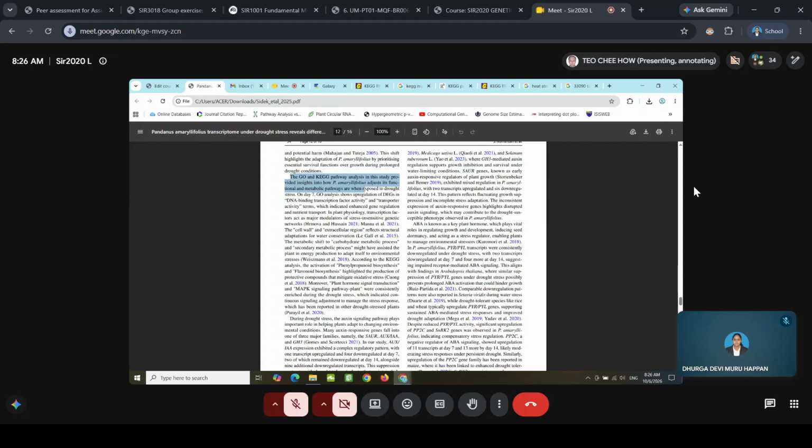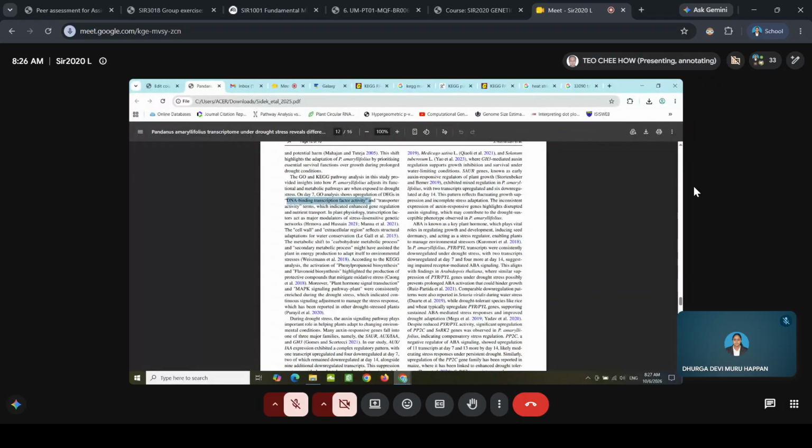Provide insight into how a plant adjusts its functions and metabolic pathways when exposed to drought stress. Then you provide an explanation under the heat stress: the GO analysis shows upregulation of DEGs in this activity, right? This indicates enhanced gene regulation and nutrient transport.